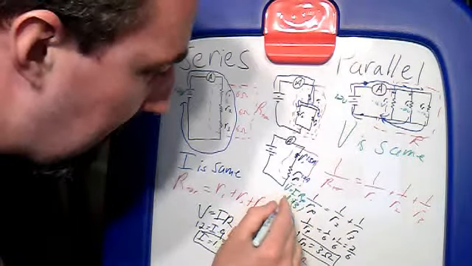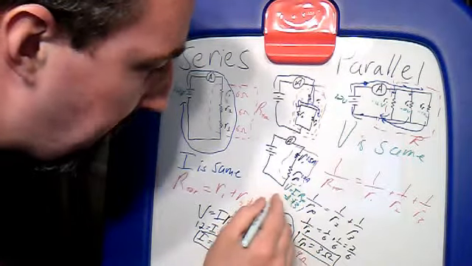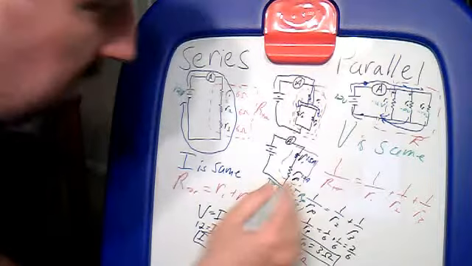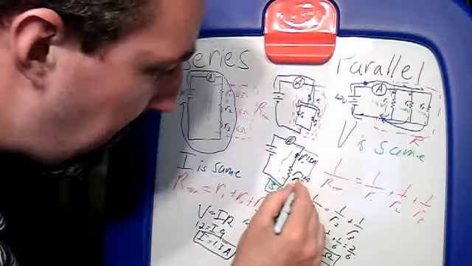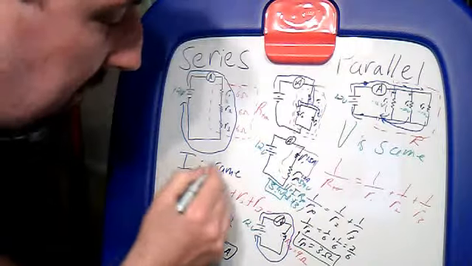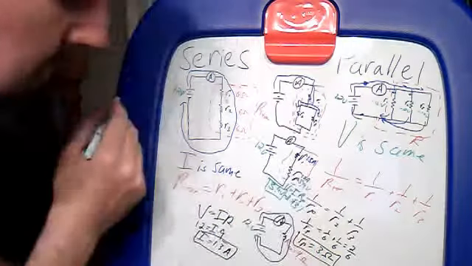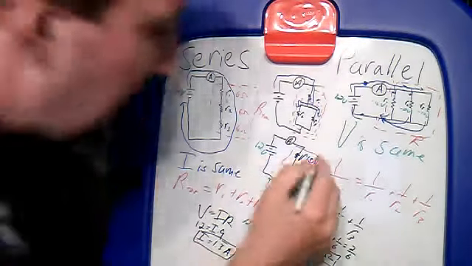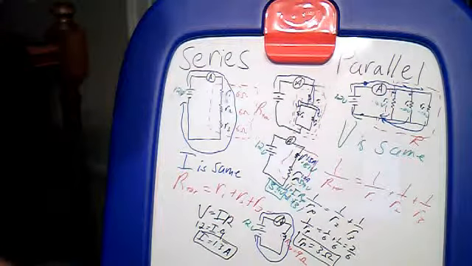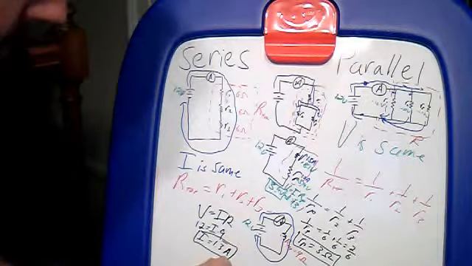So we're going to get a voltage drop of 3.9. So if I have a 3.9 voltage drop here, and I have a 12 volt battery, that means right there I must have an 8.1 voltage drop. You gotta check my math, but I think that's right.